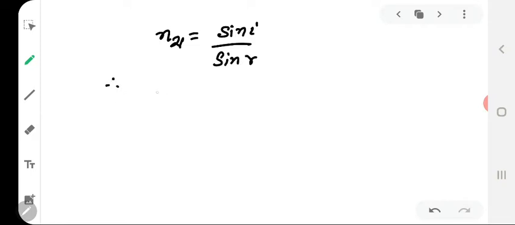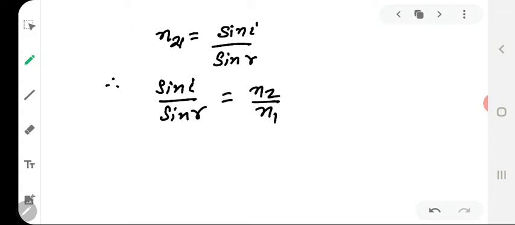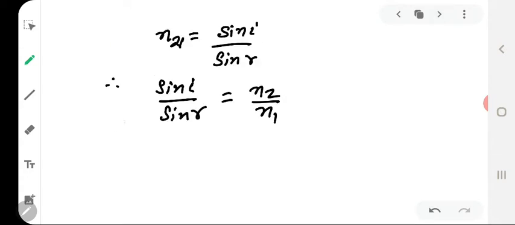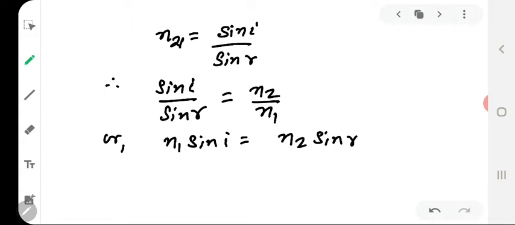Therefore we can write down sin i by sin r to be equal to n2 by n1 as per the previous equation. On cross multiplying we get n1 sin i to be equal to n2 sin r.